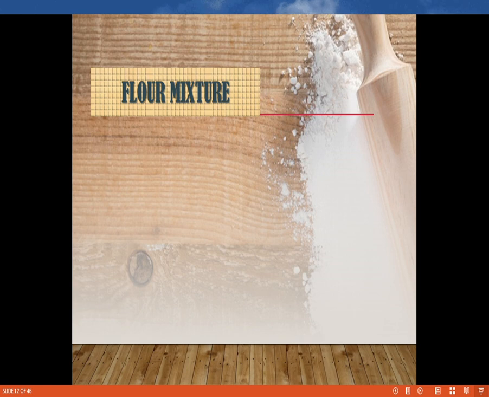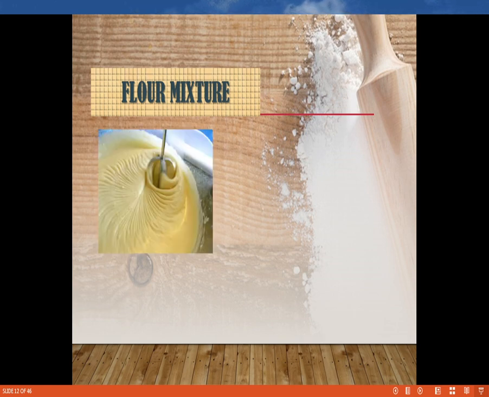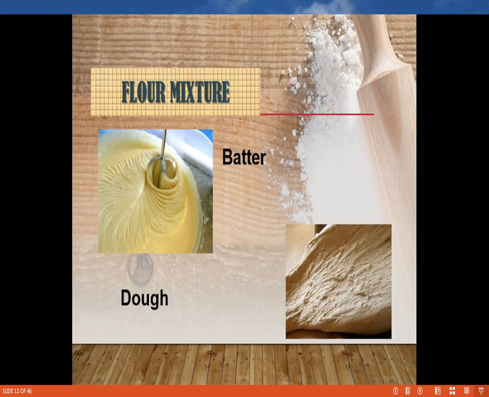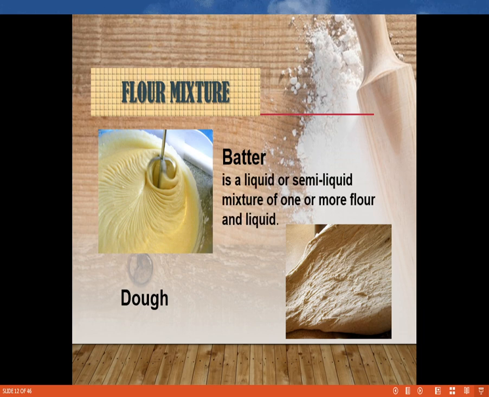We have two types of flour mixture. First is the batter, and we also have the dough. Batter is a liquid or semi-liquid mixture of one or more flours and liquid, while dough is a thick, malleable paste made from flour and liquid.